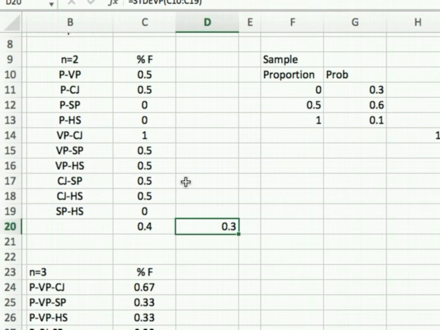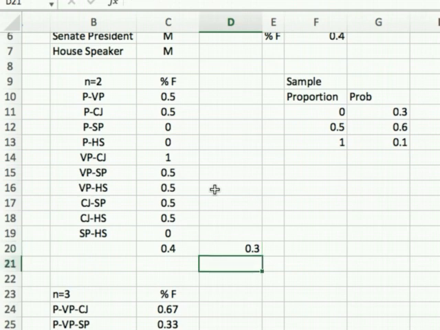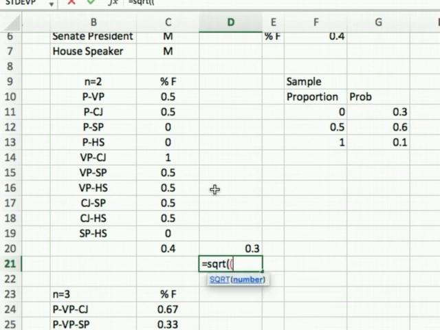Now, another way to compute for this is through the formulas that were shown earlier. Capital N here is 5, small letter n is 2. So 5 over 2 is obviously less than 20. So to compute for sigma sub p hat, we have to use the longer formula. So again, the longer formula requires the square root of pi times 1 minus pi over n. Here, the numerator is pi times 1 minus pi, or in this case, 0.4 times 0.6, and then we divide that by n.